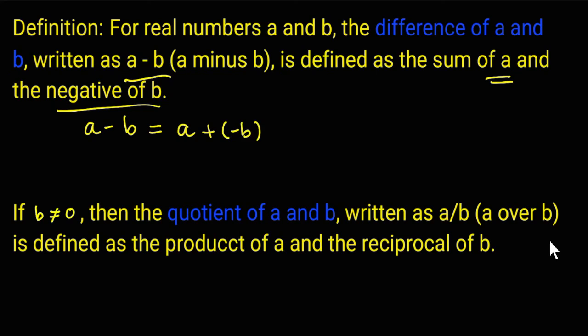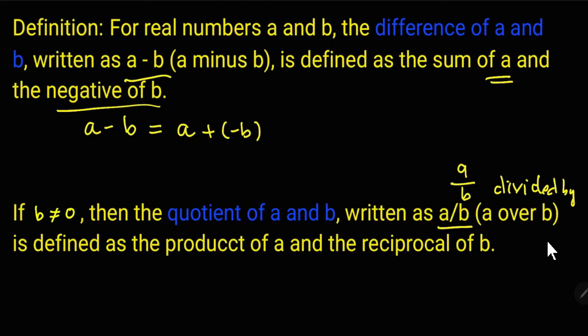Now, if b is not 0, then we can also get the quotient of a and b. Usually it is written this way: a over b, or sometimes we also call it a divided by b. Another way to write this is, instead of using a slash, we use a horizontal bar.